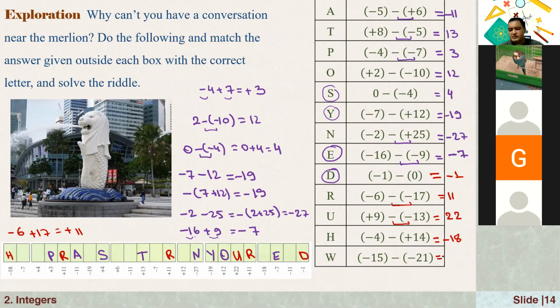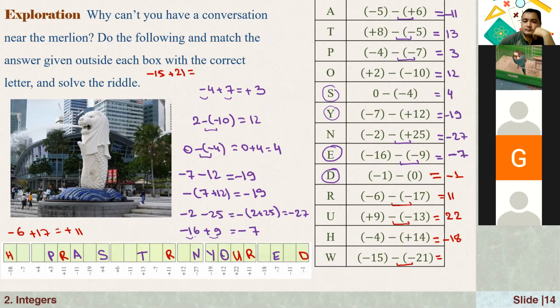Neil, can you do that? Minus 15, minus minus is plus, right? Positive 21. I can do it. It's Neil, I did the H one, I can still do it. What is it?